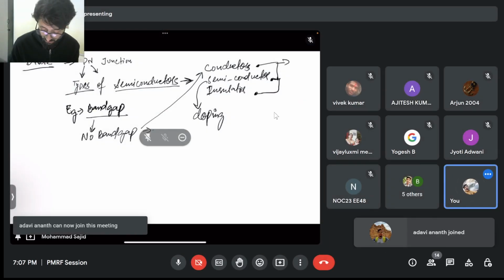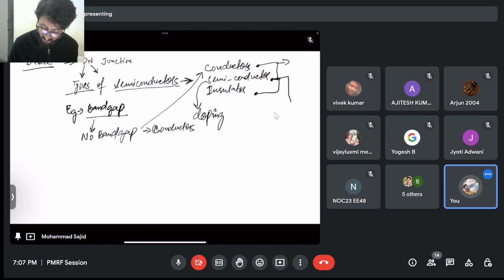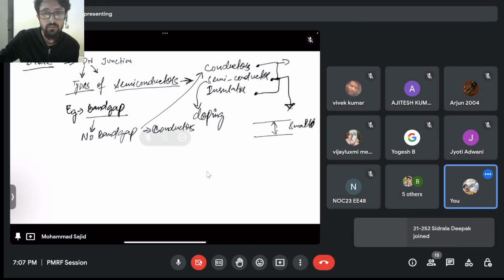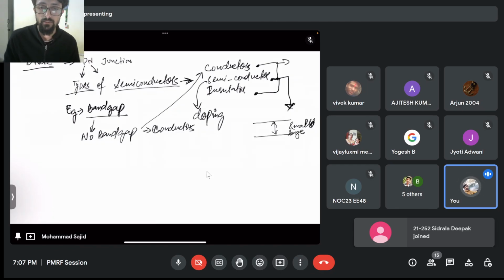In semiconductors, we have a band gap that is small enough to conduct and large enough to not conduct as conductors do, right?